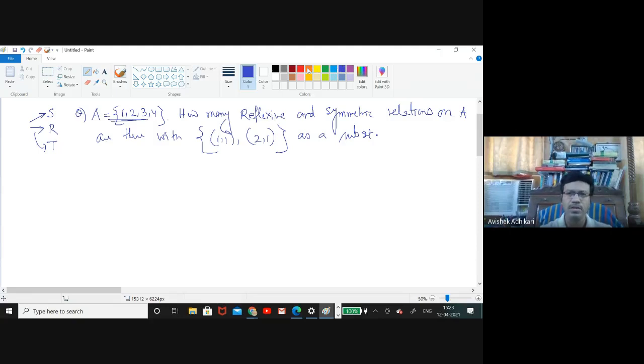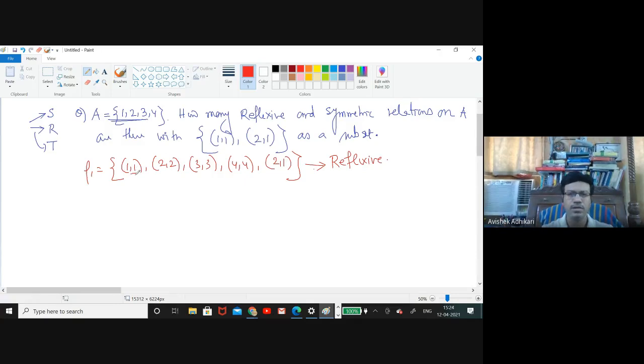For example, suppose I consider the relation rho 1 equal to (1,1), (1,2), (2,2), (3,3), (4,4) and then (2,1), then suddenly this is a reflexive relation.